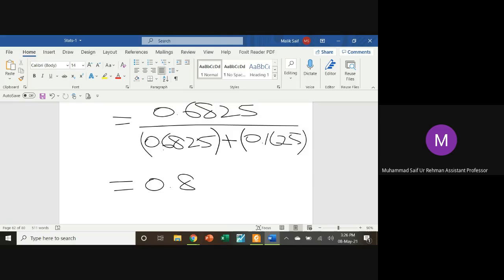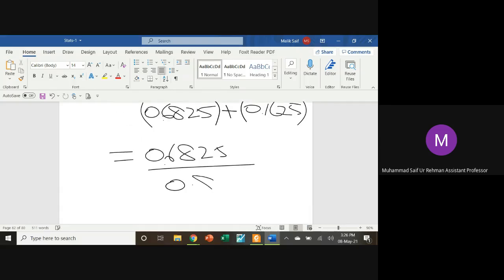First add these two values and then divide. 0.6825 divided by, first of all, find out the sum for these two terms. 0.6825 plus 0.1625. The answer is 0.845. Okay, so now divide it. 0.807692.